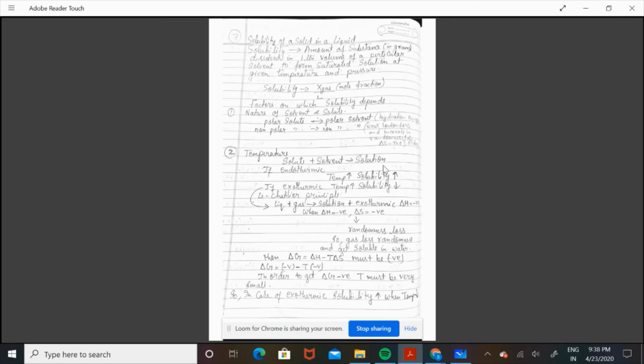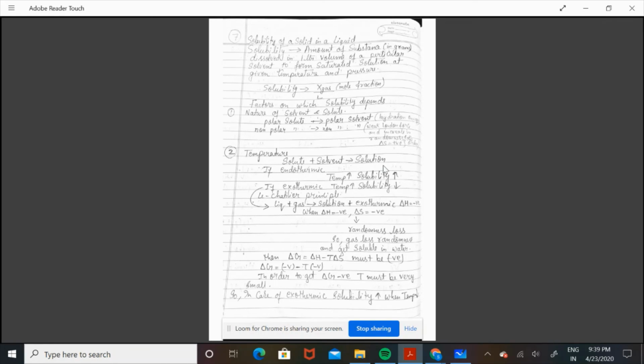And if it is exothermic, that means it is trying to release energy. At that time, if we give energy, then according to Le Chatelier's principle, it will go in the reverse direction because it doesn't want any more energy. It is already in a state of excess energy, so it is trying to throw out that energy. If we push more energy, it will reduce the solubility and move in a backward direction.